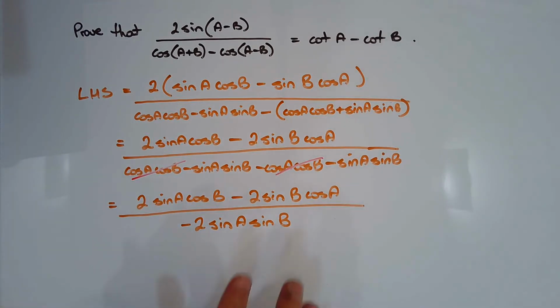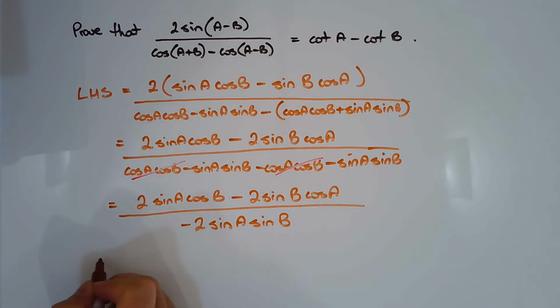Okay, so now let's have a think about it very carefully. If we divide everything by negative 2 sine a sine b, hopefully we'll get some more terms cancelling. So what I'm going to do is break up this fraction so you can see what's going to happen here.